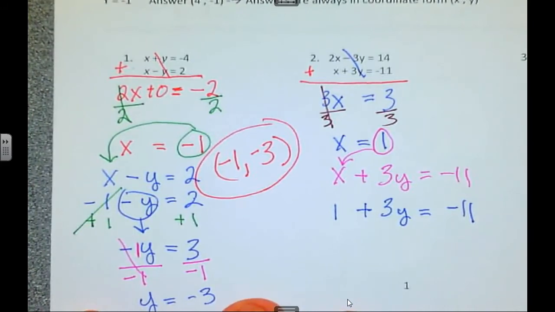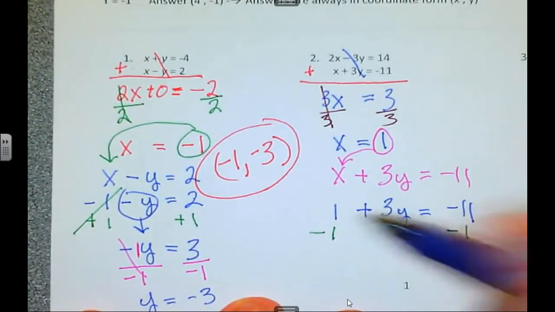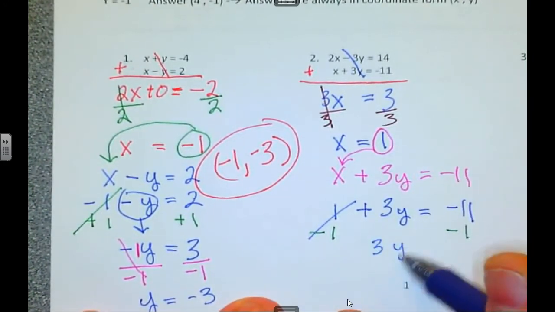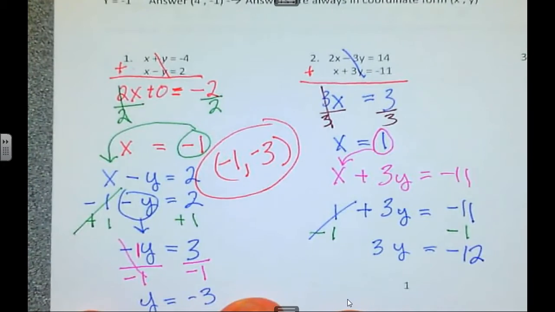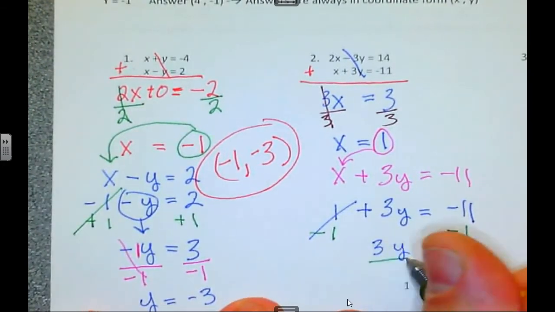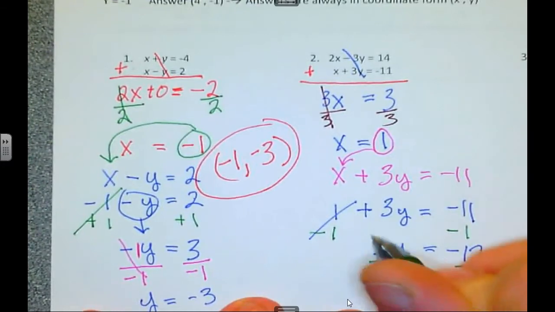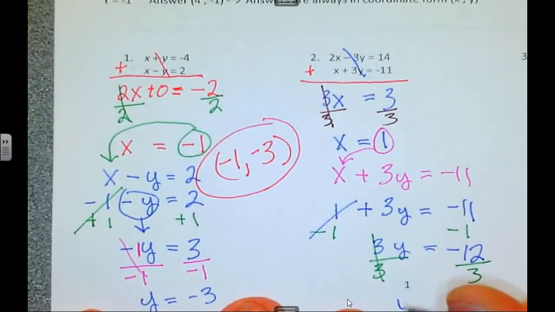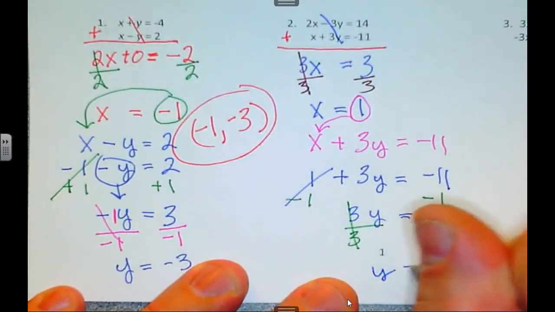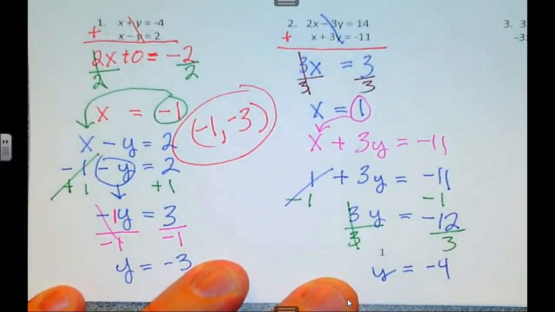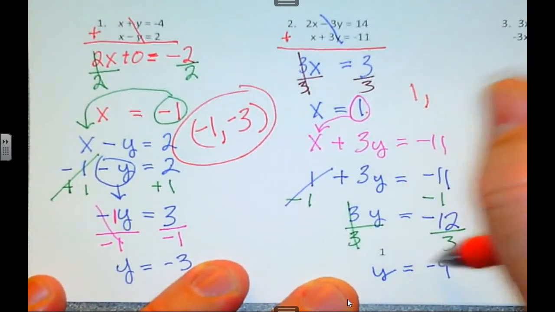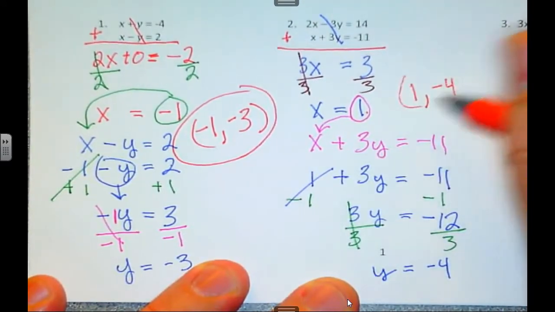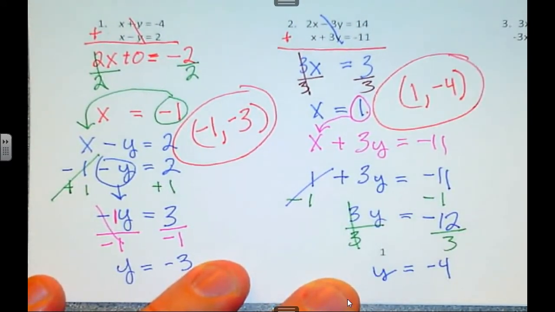Solve for y, and subtract 1. y equals -11 minus 1, which is -12. Divide by the coefficient 3. So y is going to equal -4. So my solution is, my x is 1, my y is -4. The point 1, -4.